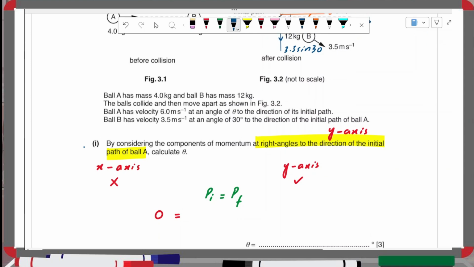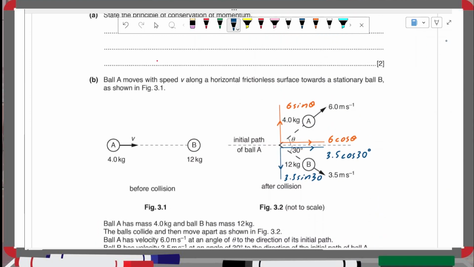Anyway, what is the momentum after the collision? It would be the momentum of A plus the momentum of B. So do we have the values of masses? Mass of A is 4 kg and B is 12 kg. It's written over here.